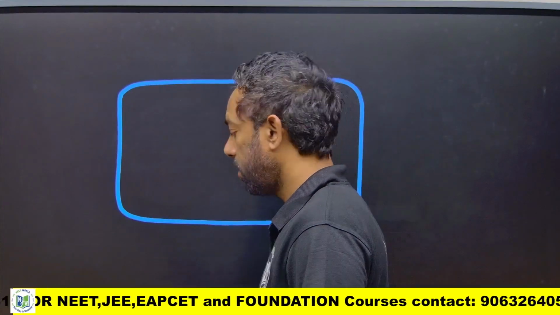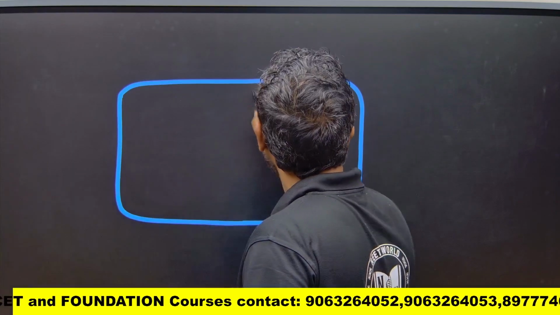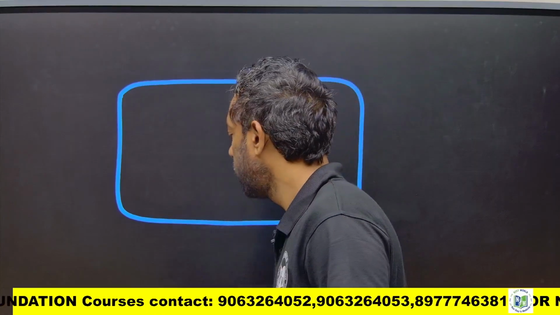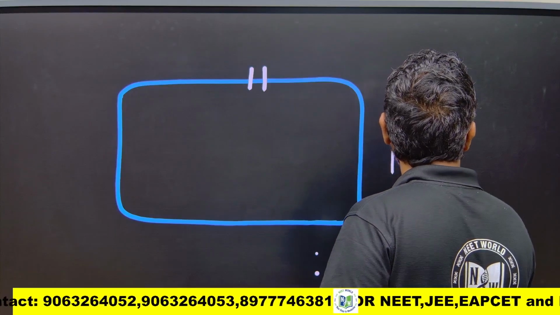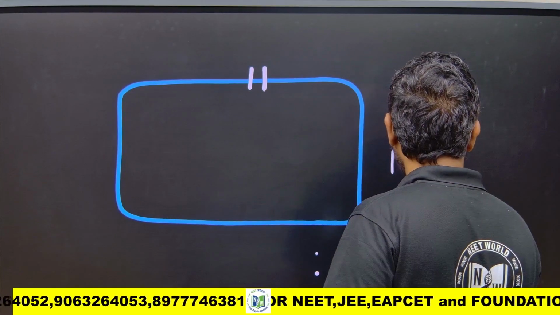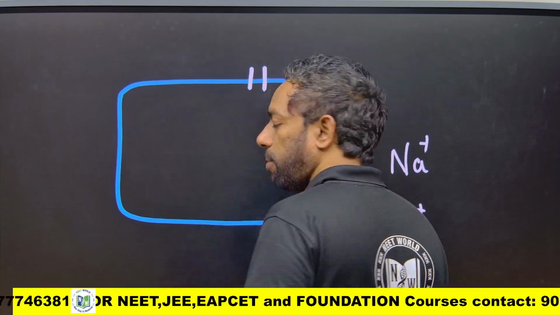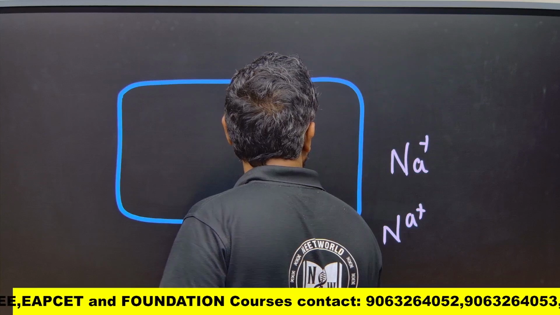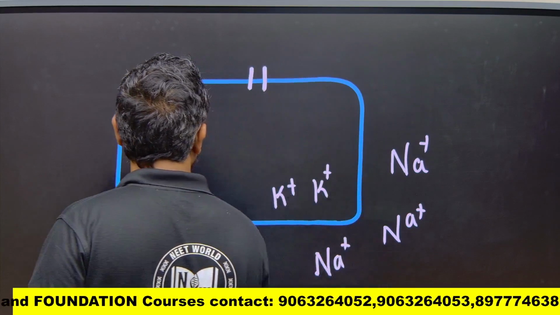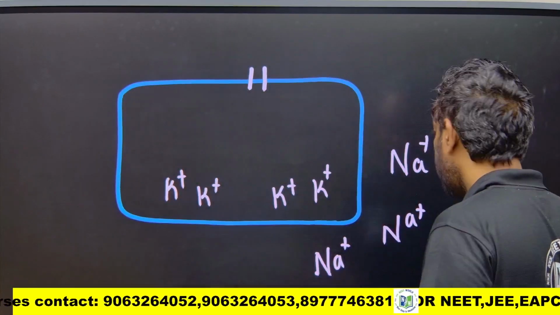The membrane has channels. Outside the membrane there are positive sodium ions, and inside there are more potassium ions.